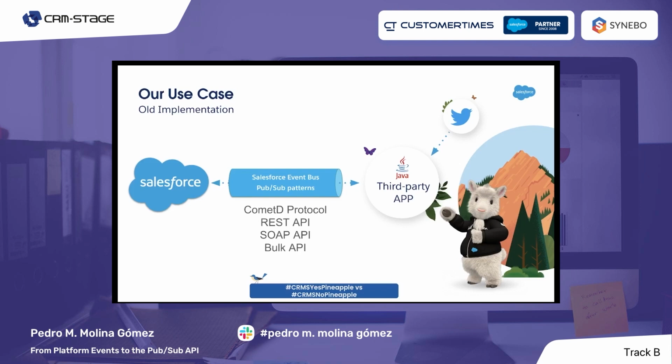From this diagram, what I want you to keep in mind is that before, in 2018, we needed to implement this CometD protocol, or make use of an open source implementation, for example. That was much easier, and to be honest, this is what I did in 2018, because implementing your own CometD could be really tricky, and you can fall into troubles like security issues.